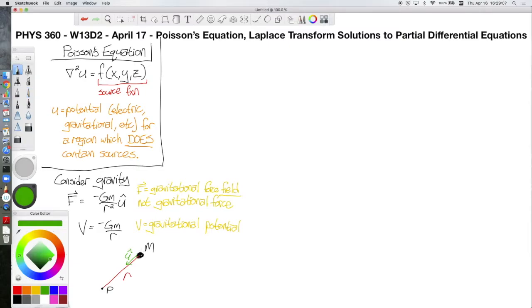We have some point mass, m, that is creating a gravitational field or a gravitational potential at point P. r is the distance between these two locations, and u is a unit vector that points from the mass in question towards the point where we're trying to learn about the gravitational field or the gravitational potential.